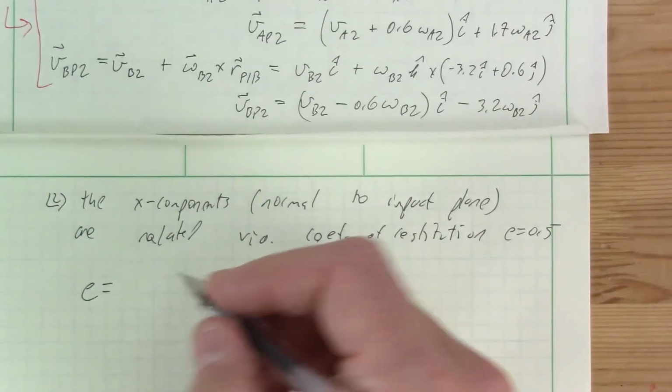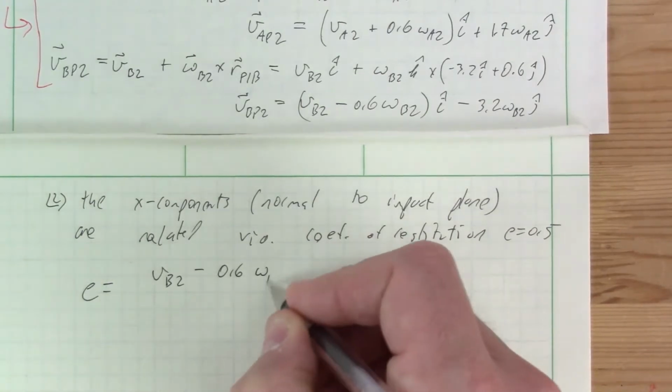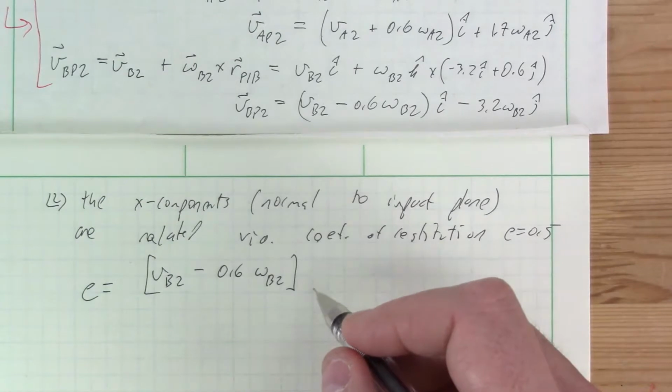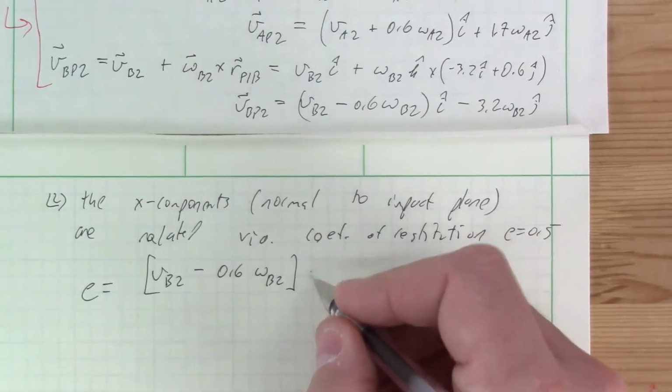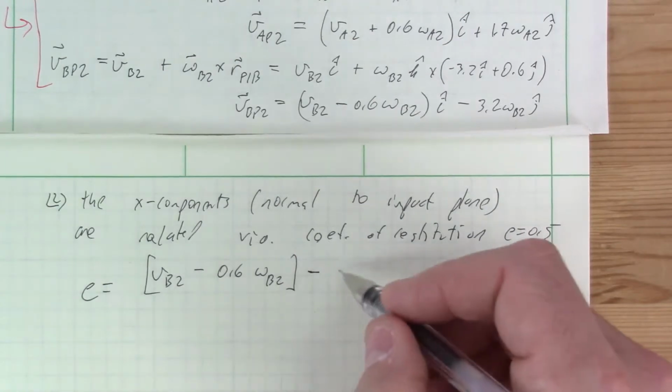This is going to be VB2 minus 0.6 omega B2, that is our horizontal component at point P after collision for the B car.